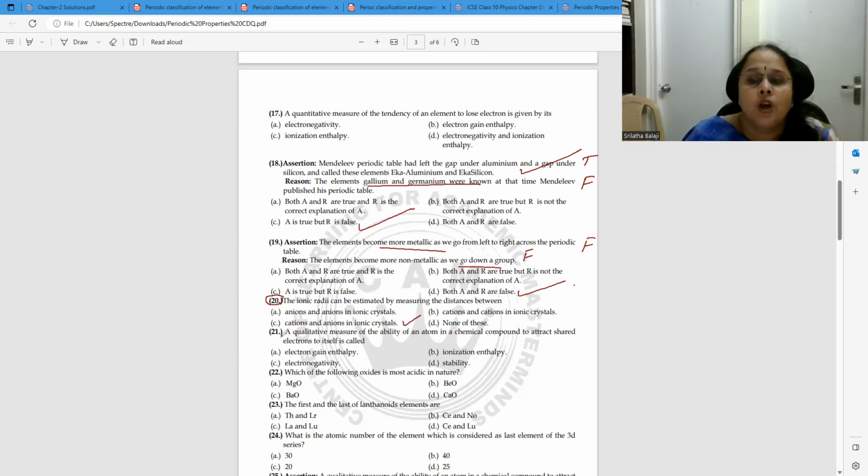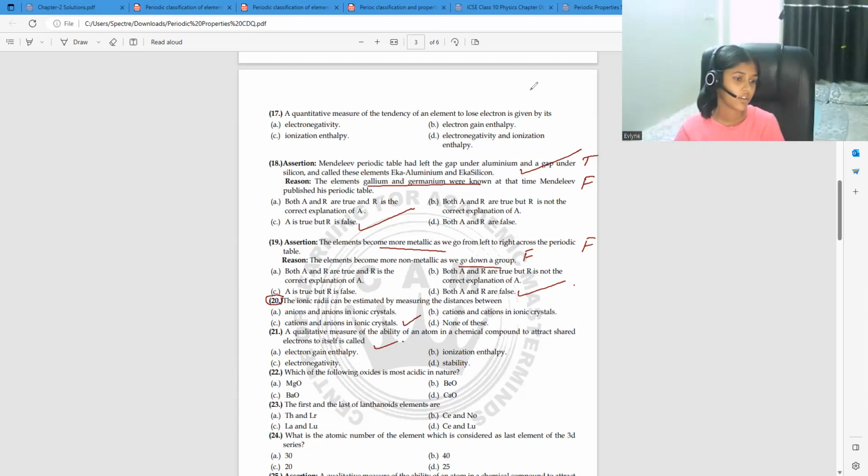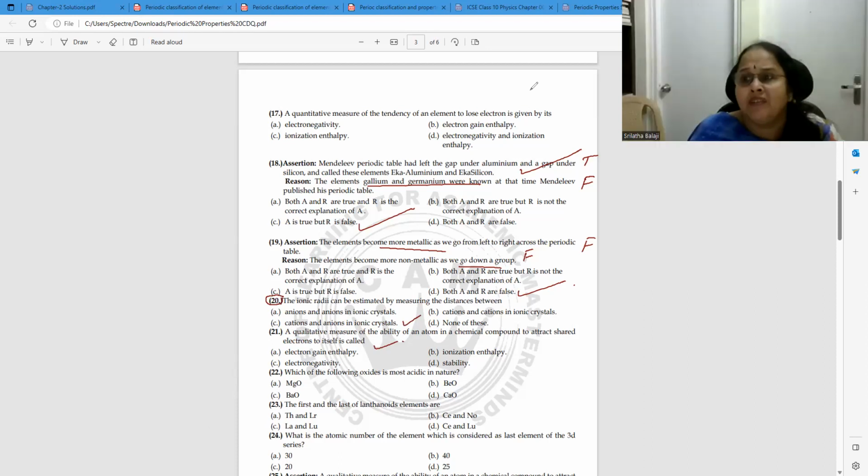Again, look at this. The qualitative measure of the ability of an atom in a chemical compound to attract a shared pair of electrons is called 21. Electronegativity. Yes. Remember the definition we gave? It's a tendency of an atom to attract a shared pair of electrons.